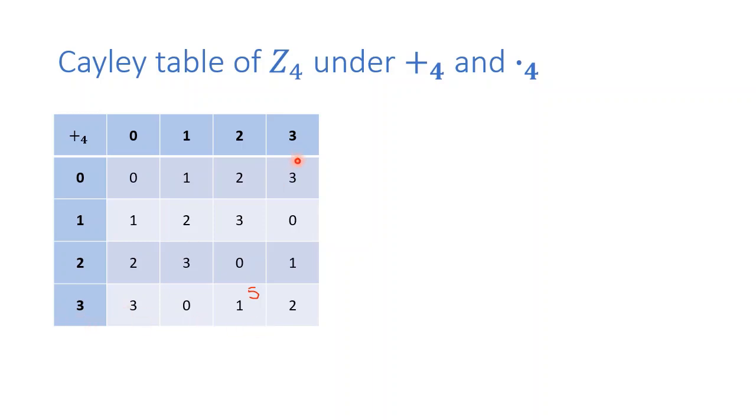Similarly, 3 plus 3 is 6. 6 is equivalent to 2 under modulo 4. So for addition modulo 4, you have found all the resulting elements.